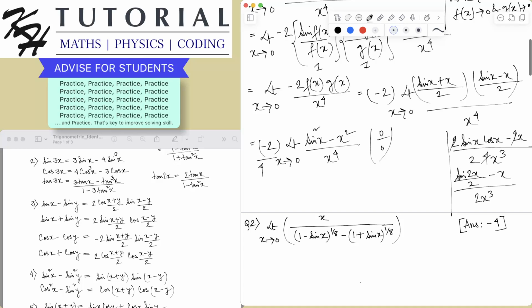It is again of the form 0 by 0. So I can further use L'Hopital's rule, and it will be cos 2x minus 1 divided by 6 x square.